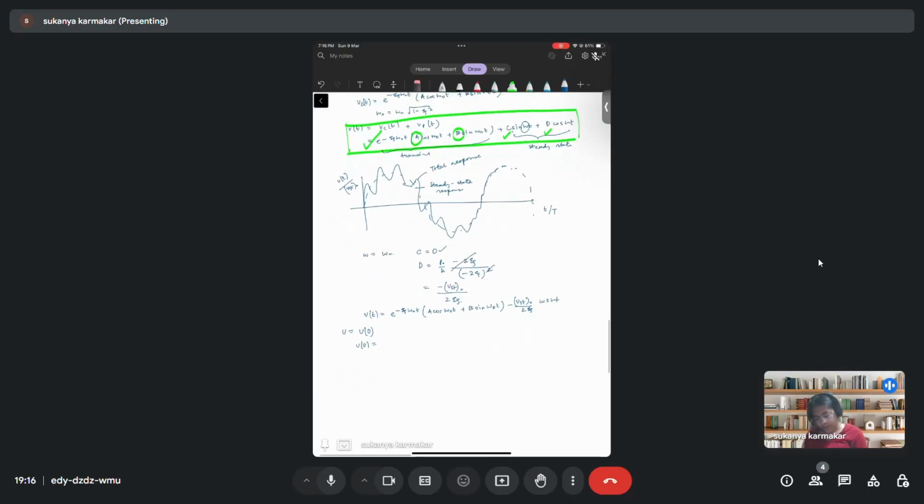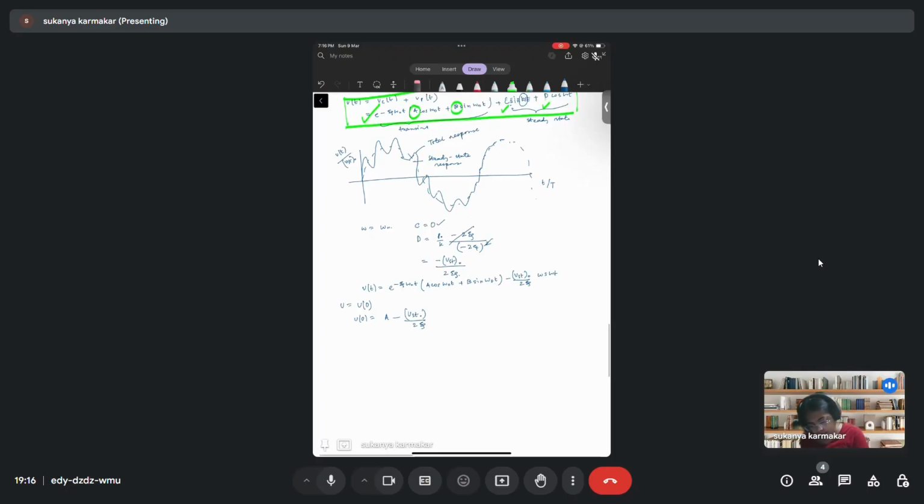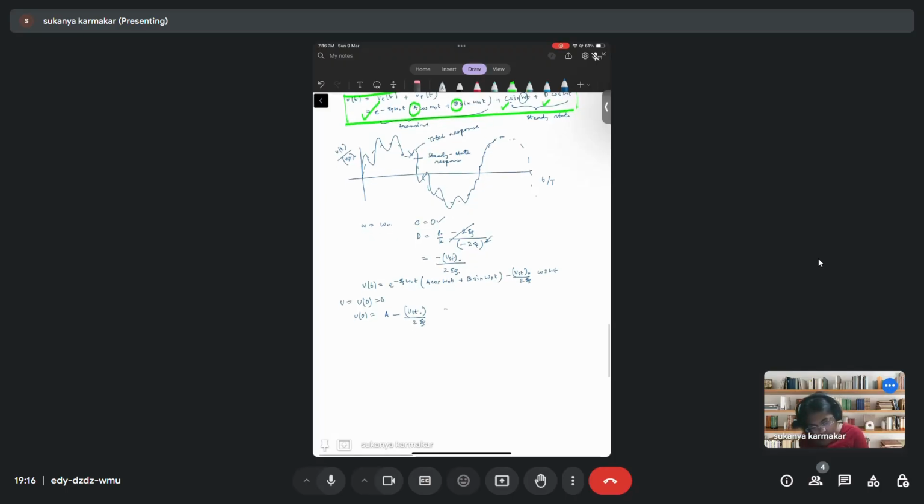Then when I'm calculating the coefficients a and b, I get a minus ust naught by 2 zeta cos omega t is 1. Let's say this is equal to 0. So from here a is equal to ust naught by 2 zeta, right?